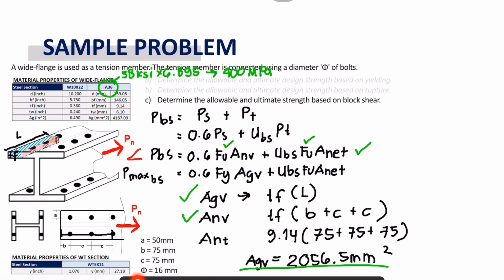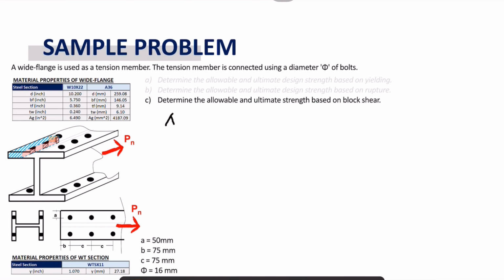So, now naman, it is time for us to solve for net area ng tension. To solve for net area ng tension, it is simply equal to gross area ng tension minus area ng holes. So, ano po ba yung ating gross area in tension?